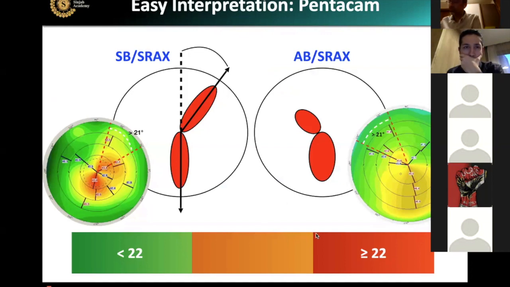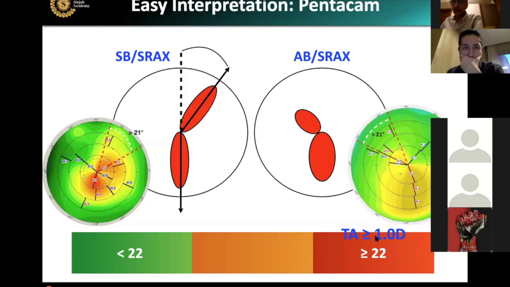If the angulation is 22 degrees and more, it is abnormal. But of course, to be significant and to take it into consideration, the topographical astigmatism should be at least 1 diopter. Otherwise, if the topographical astigmatism is less than 1 diopter, we don't care about this skewed radial axis, even if the angle is more than 22 degrees.